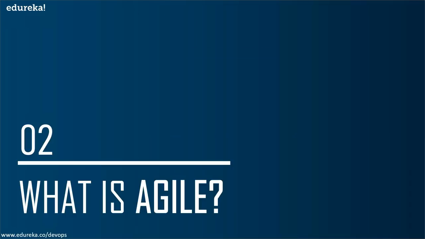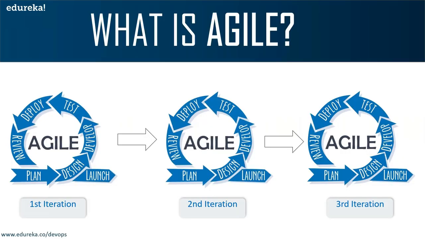So what is Agile? We've talked about the requirement, or why Agile even exists so far. Now let's look at what you mean by Agile. Agile is nothing but a chain of rapid development and deployment, meaning the first section of your software development is always the planning part.